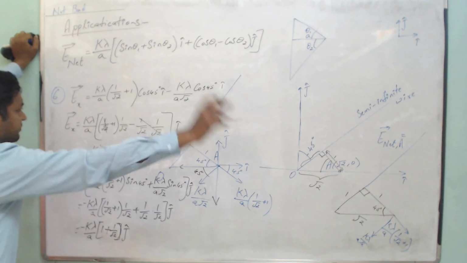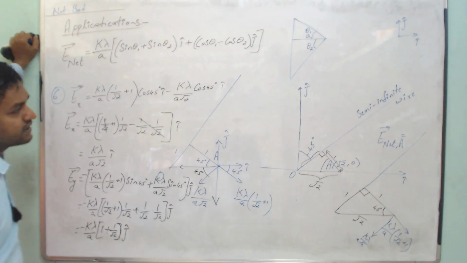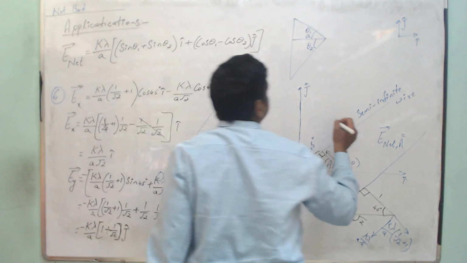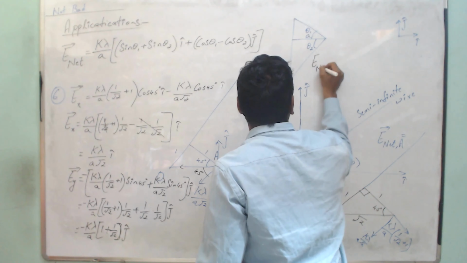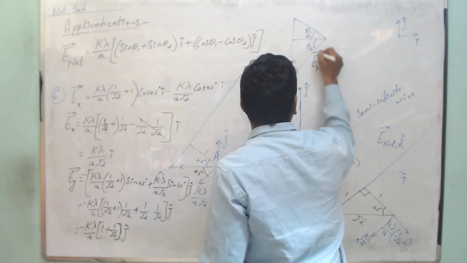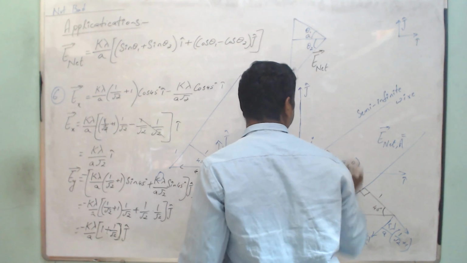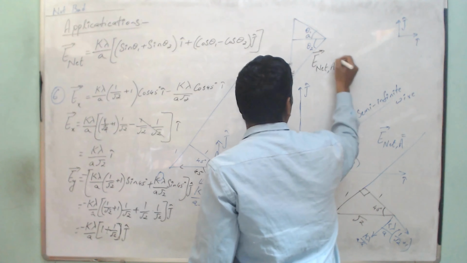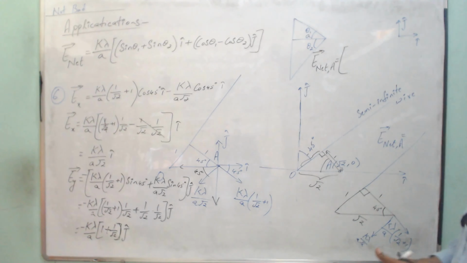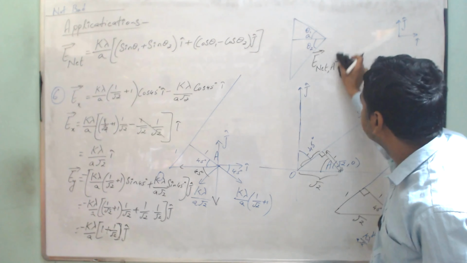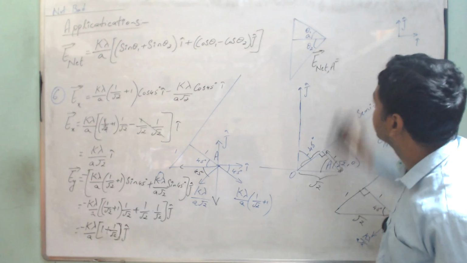So for that particular question along I cap J cap, my final answer, I will get it as my E bar net at the point A can be written as K lambda by A. I will take common for everything, for both I cap and J cap.